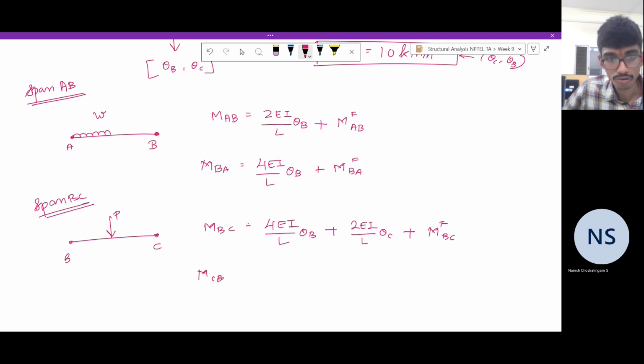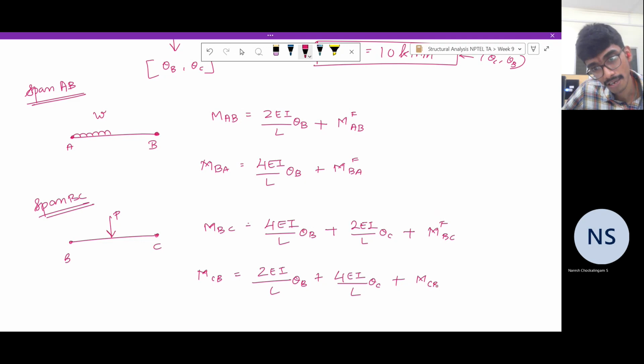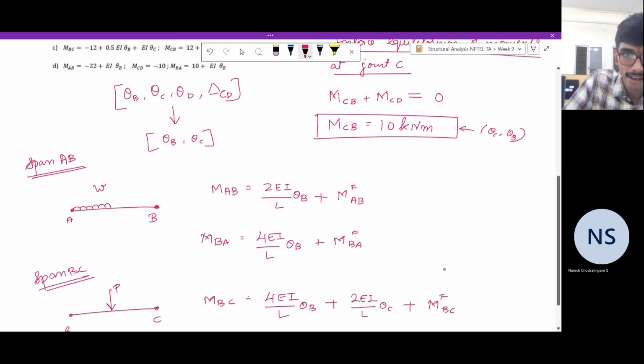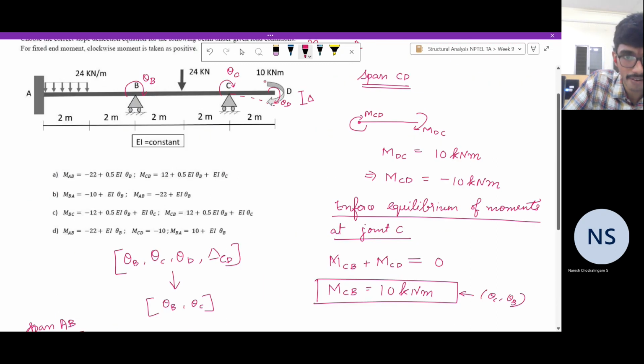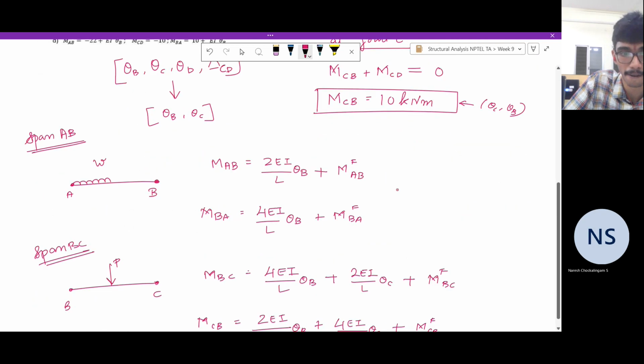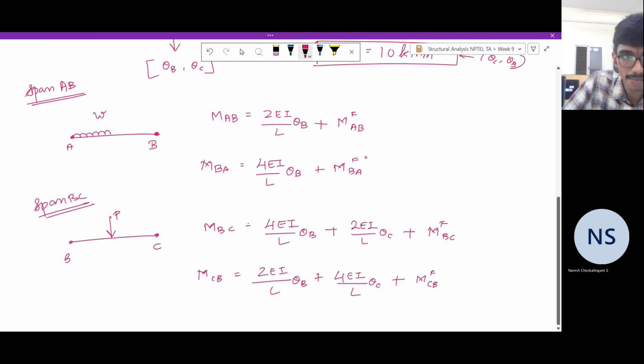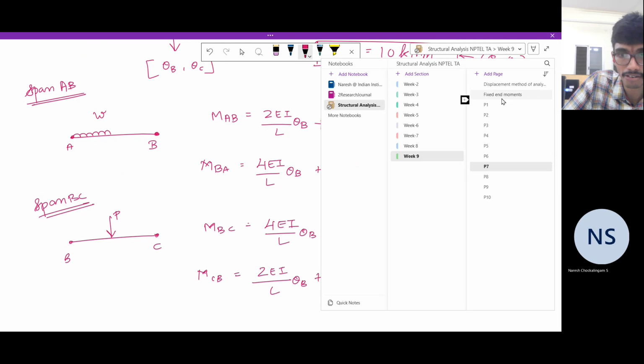And MCB is equal to 2 EI by L theta B plus 4 EI by L theta C plus MCBF. And we are not considering the span CD because we have already taken its effect as a moment applied onto the span BC in the direction MCB, which is 10 kilonewton meter. Now the next step is to determine the fixed end moments. So let's get back to that.